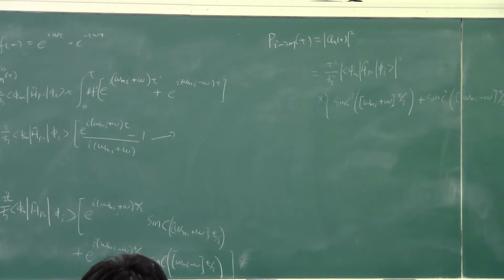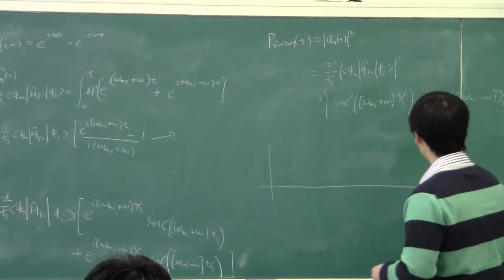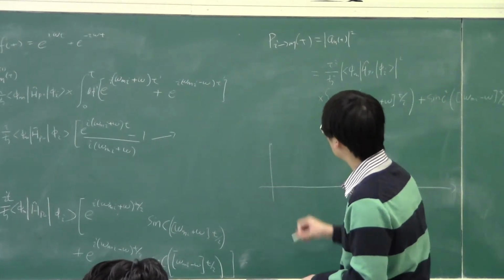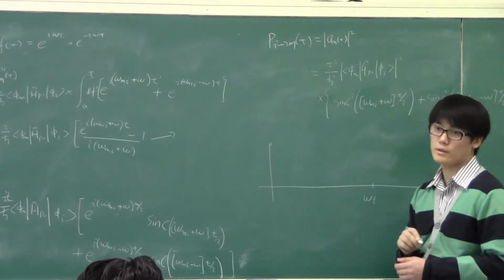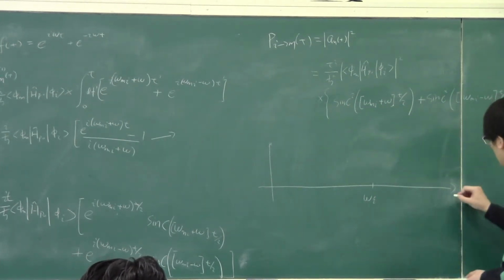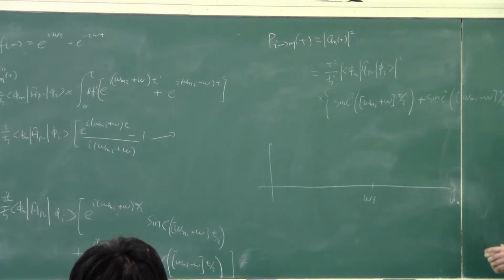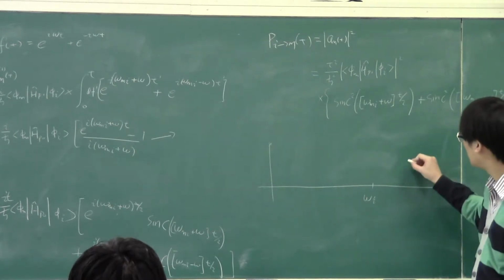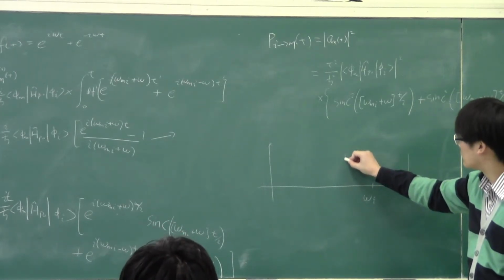Okay. What does this look like? Two peaks, right? So for a small time, okay. Of course, if omega I was here, what are the possible omega m's that I will transition to? So the equality to satisfy is, you add omega to omega I, or you subtract one.